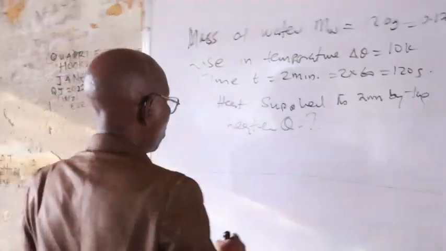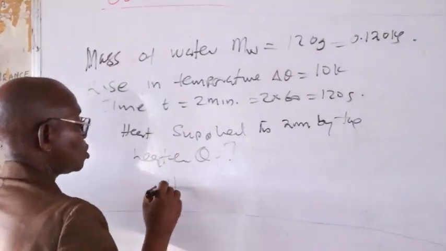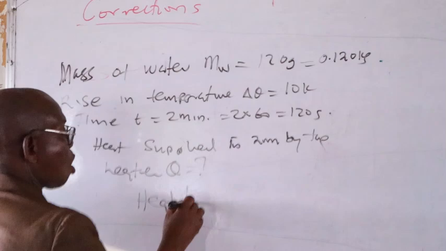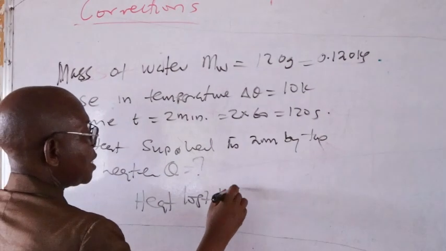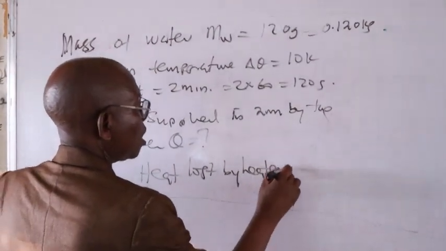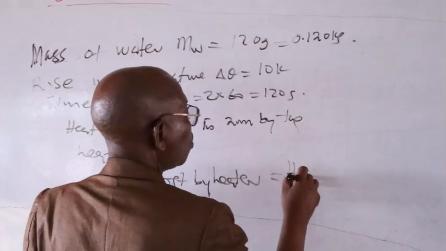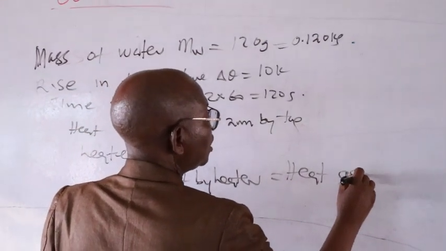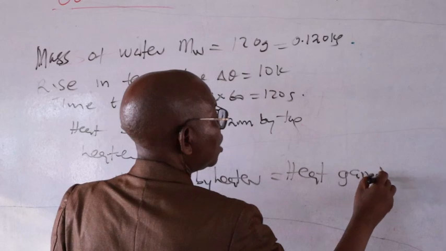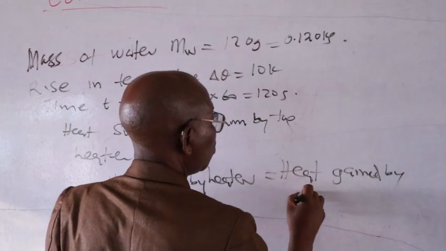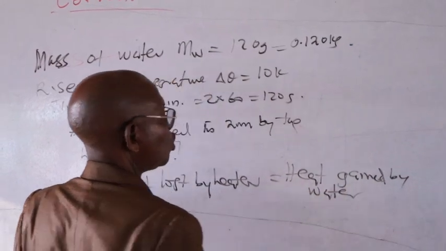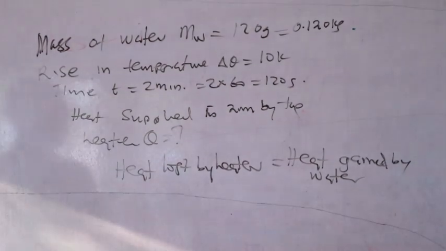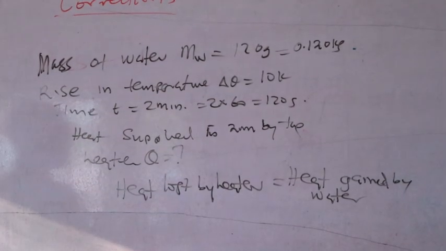Now, heat lost by the heater will be equal to heat gained by the water. So we don't consider the container because you are told that it is a thin, light vessel.